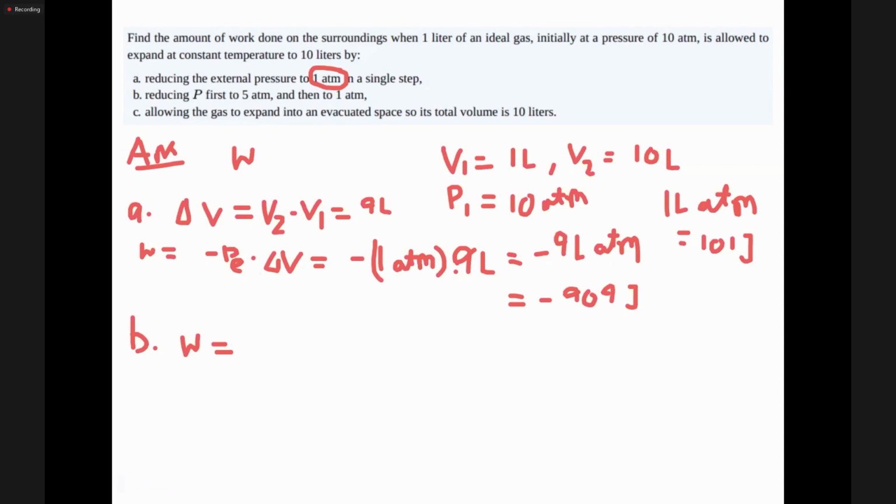That's why there was only one term. But here, the entire process is segregated into two procedures. From 10 atmosphere of pressure, it is going to 5 atmosphere first, and then from 5 atmosphere it is going to 1 atmosphere. So here we have this P2 and P1. So we have minus the summation of P external into delta V.